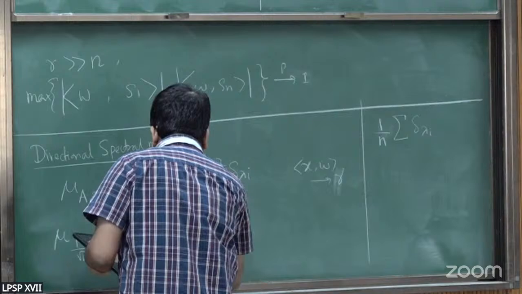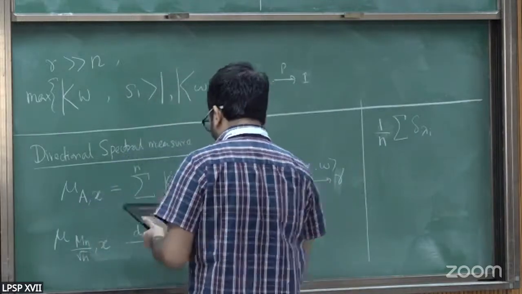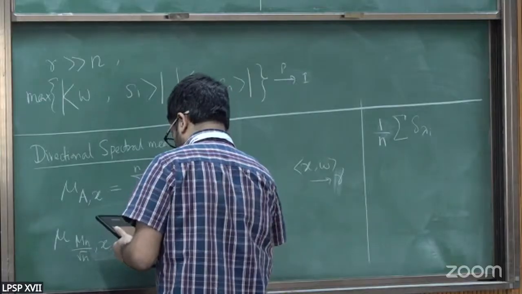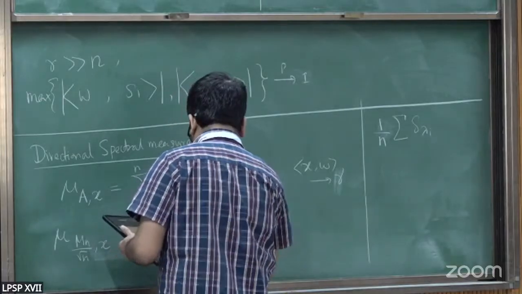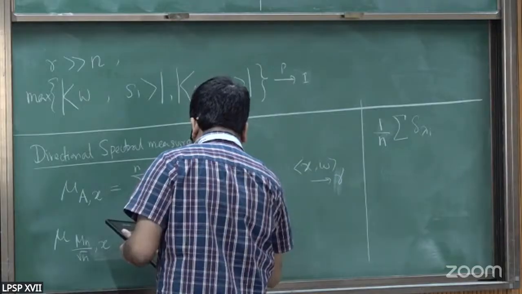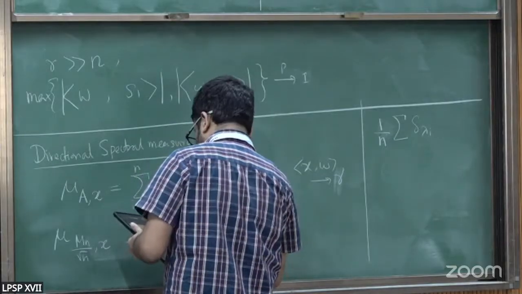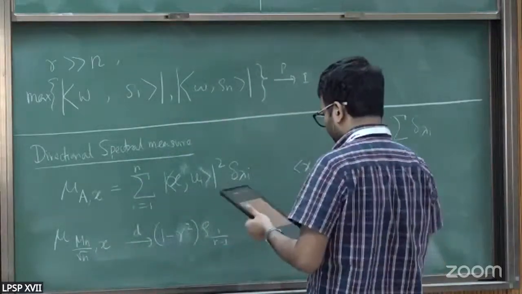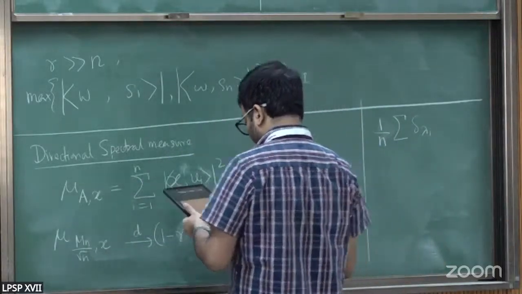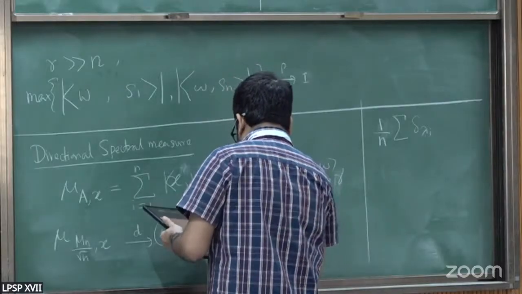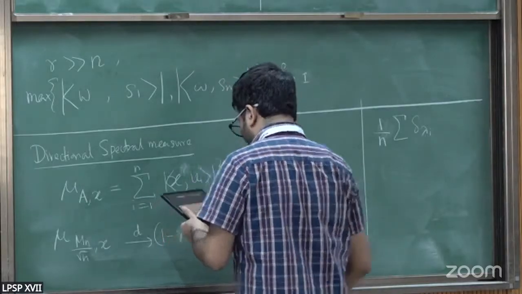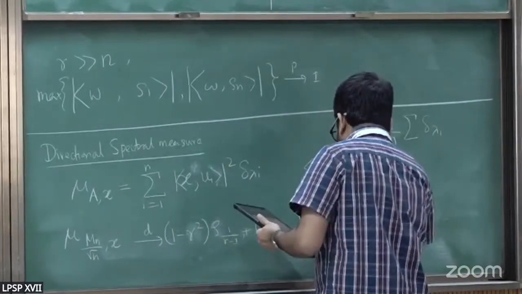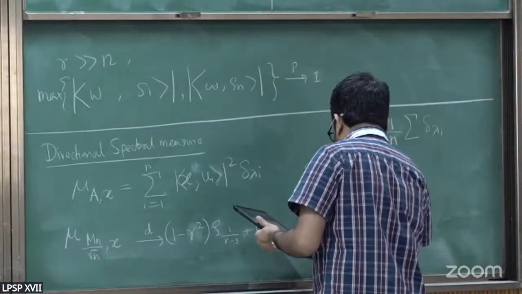Then the limiting distribution is a mixture of a bunch of measures. You get the semicircle law with variance r minus 1 over r minus 1, but there is, surprisingly, a component which is exactly the Kesten-McKay law.